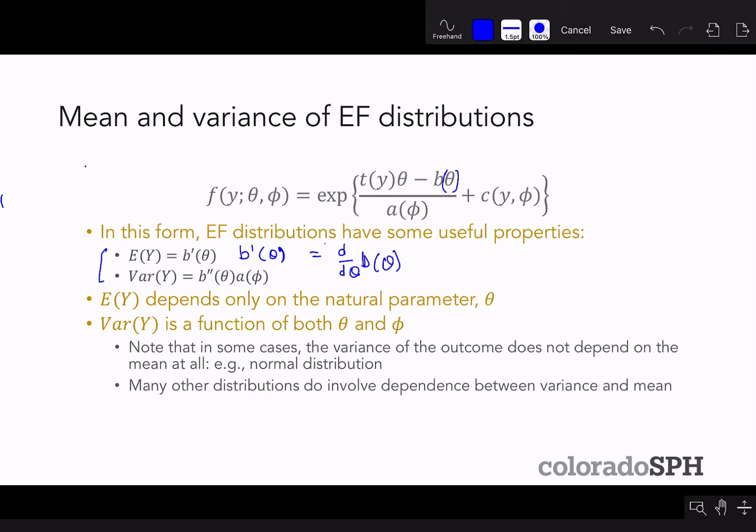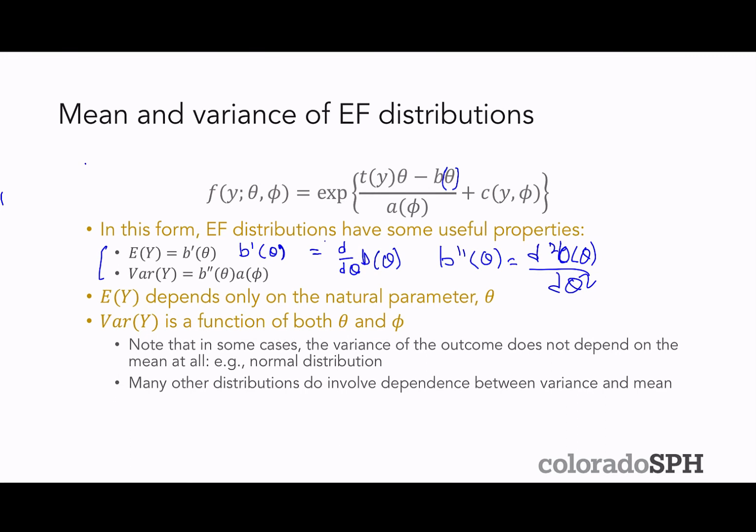And then the variance is calculated by taking the second derivative of b of theta times the function a of phi. The second derivative we can write b double prime of theta equals d squared b of theta over d theta squared. That just indicates that it's the second derivative.